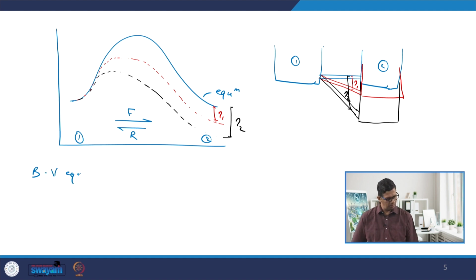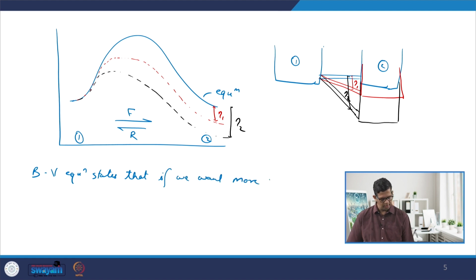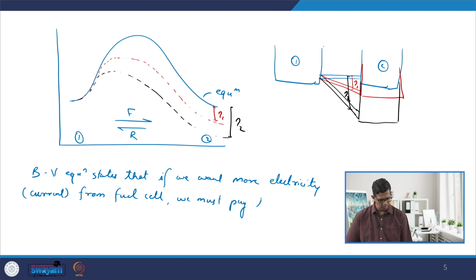It states that if we want more electricity, or I would say current, I am going to specifically write for a fuel cell, we must pay the price in terms of loss in the potential, which is nothing but overpotential.